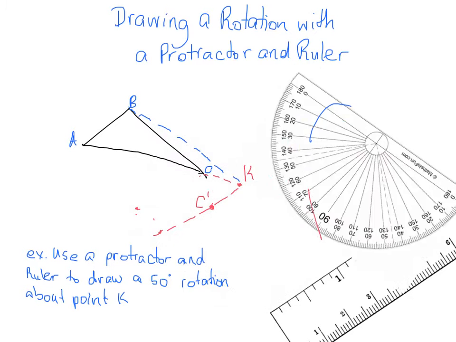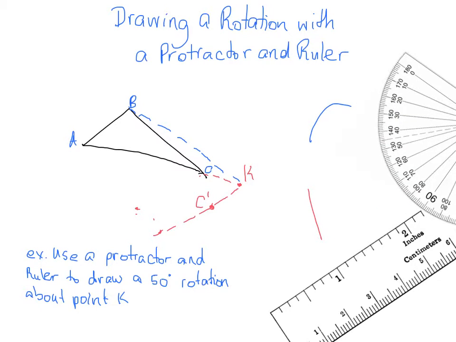You move your protractor out of the way, then you extend the line from K through that point, and then you measure out the distance with your ruler. And I'm not going to do that because I'm just embarrassing myself with the fake ruler.